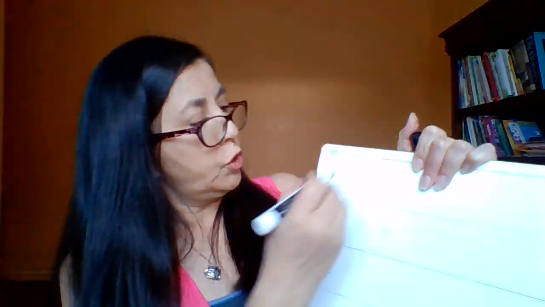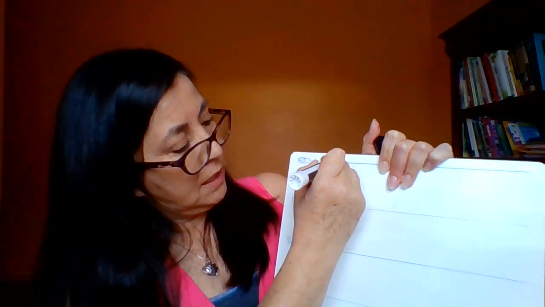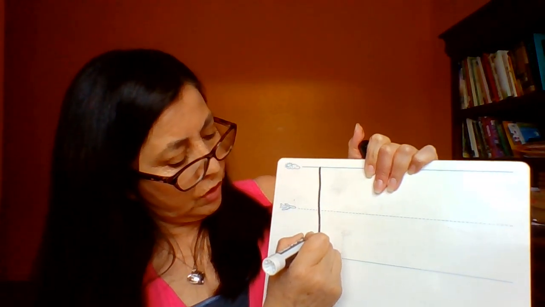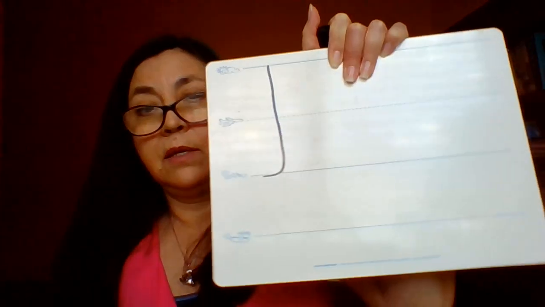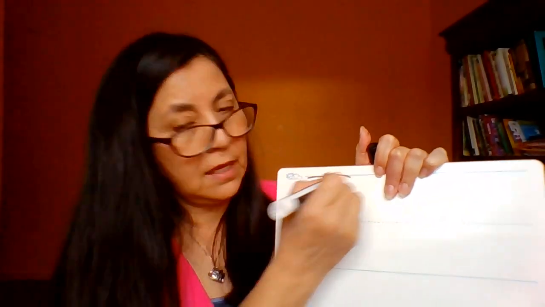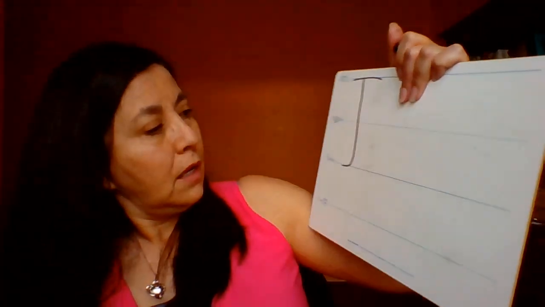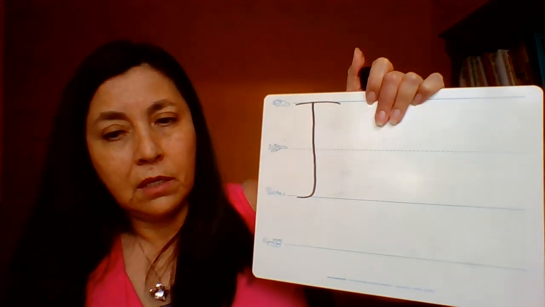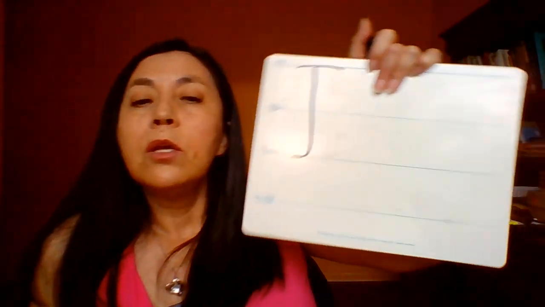Let me do it better. That looks kind of ugly. So skyline, down to the grass line, and start curving back. Okay, like this. And cross it on the skyline and say J, jug, J.